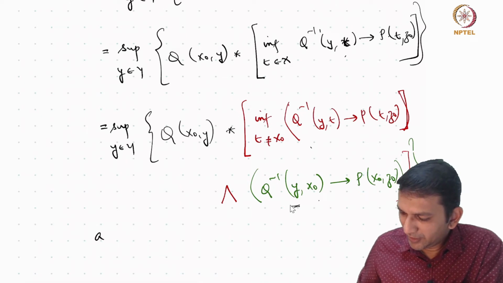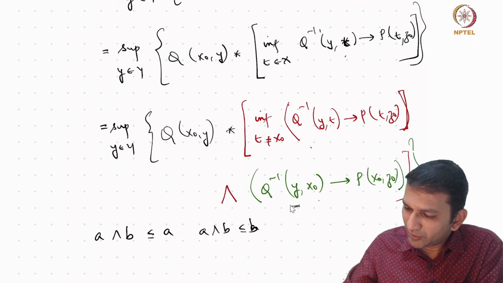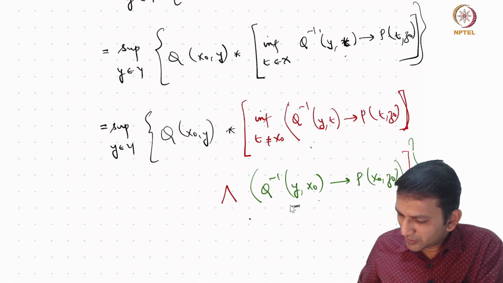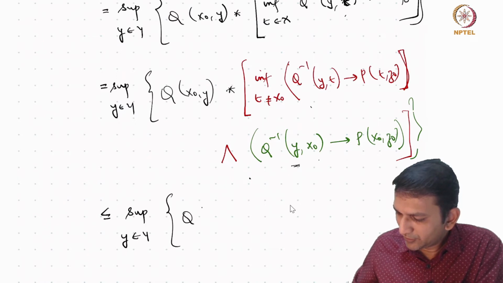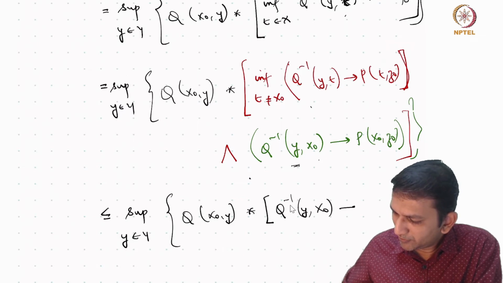We know that A and B is less than or equal to A, and A and B is less than or equal to B. Using this property, and since supremum is monotonic, this is less than or equal to the supremum over y element of Y of Q of x0 comma y star, Q inverse of y comma x0 implies P of x0 comma z0.